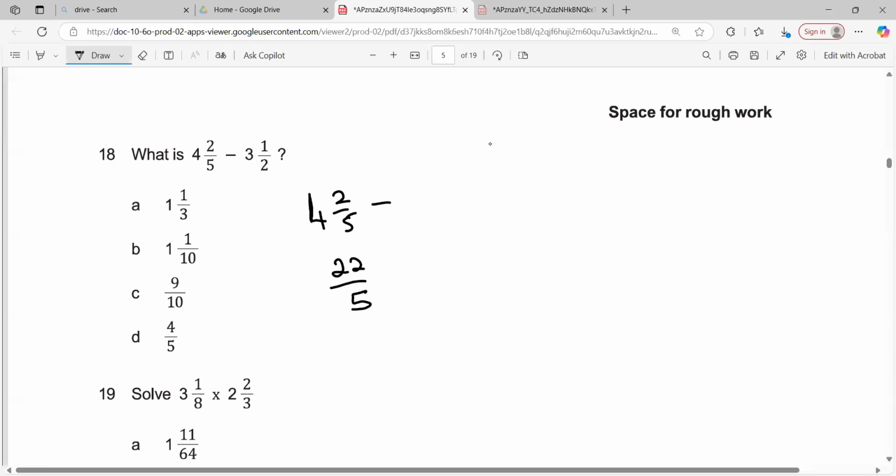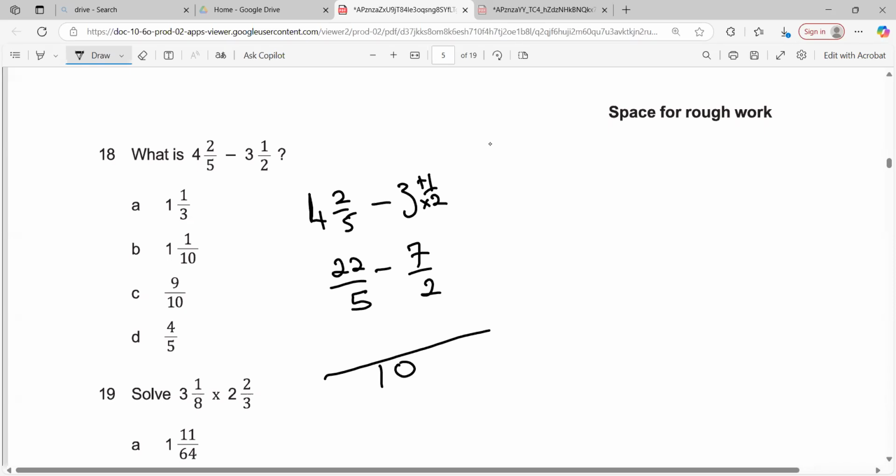Then I changed the 3.5 to an improper fraction as well, which is 2 times 3, which is 6, and 1, 7 over 2. Then I found the LCM, lowest common multiple, for both of them, which is 10.